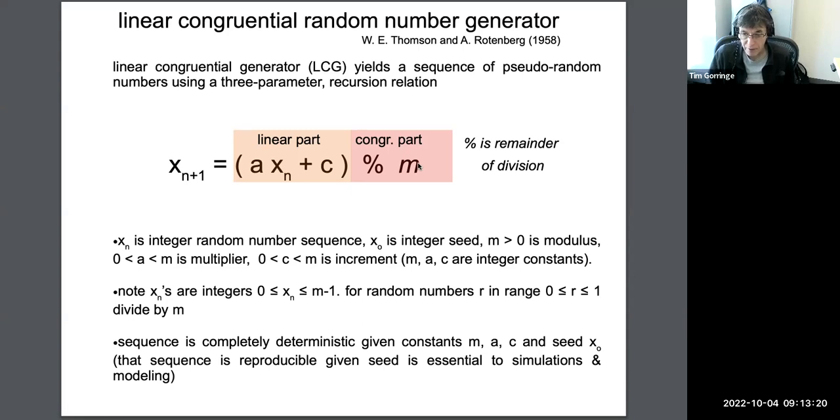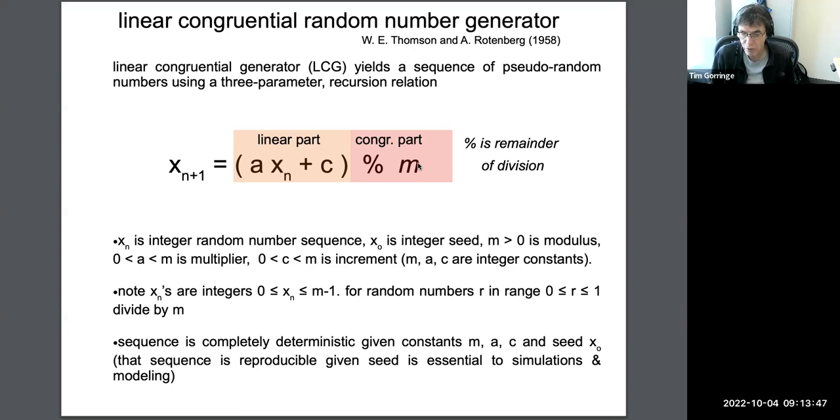Now, a couple of points. To start generating a sequence of random numbers, you've got to have an initial seed, x naught. So that's an initial integer seed, x naught. Once you've got that seed, you can calculate a stream of numbers from the random number generator, and it's calculated completely deterministically.